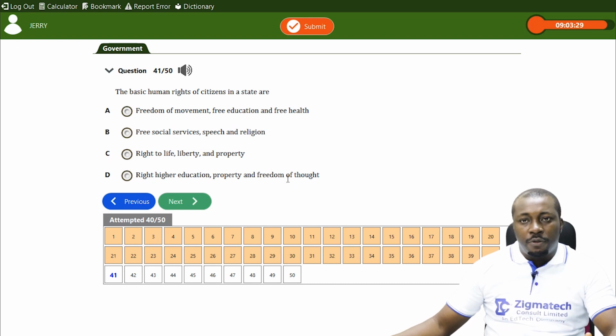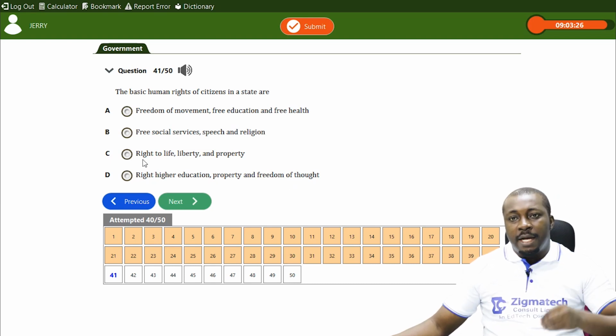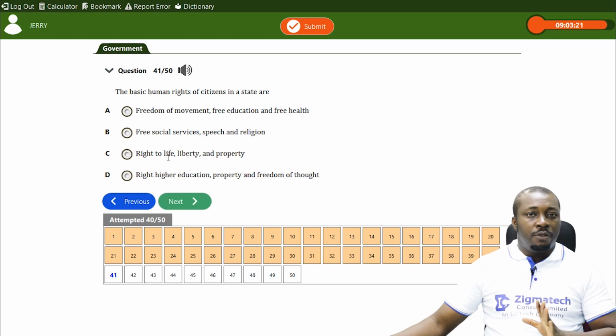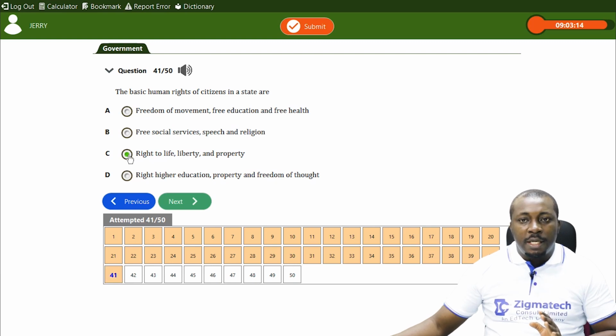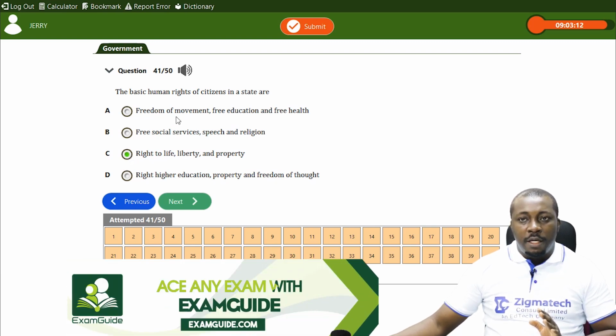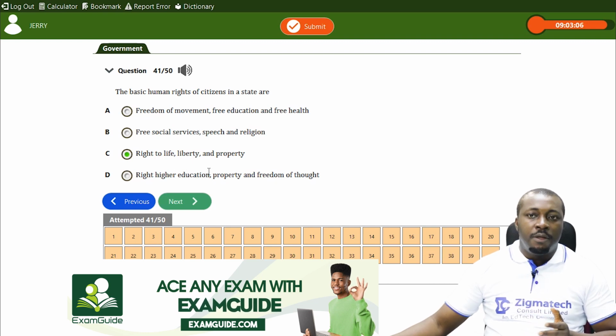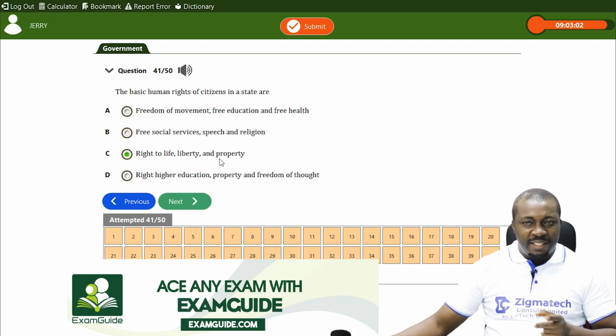Property and freedom of thought. So the option that has basic rights only are right to life, which is the most fundamental of all the rights, liberty, and the property. So option C is the answer. So you see why these ones, even though some of them have one or two basic rights of citizens, this one is the main one, C. All of them are basic rights.